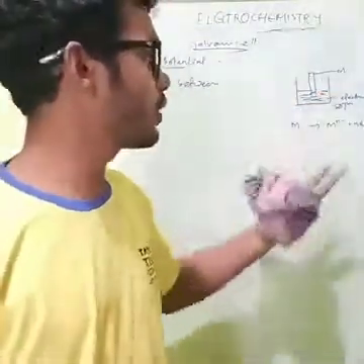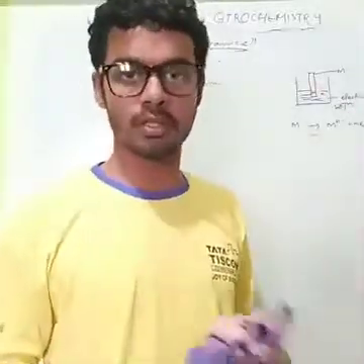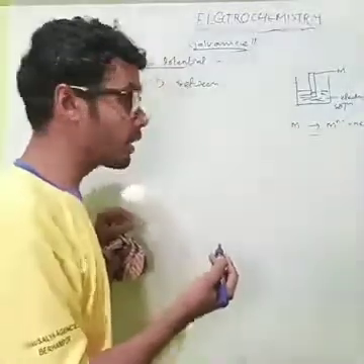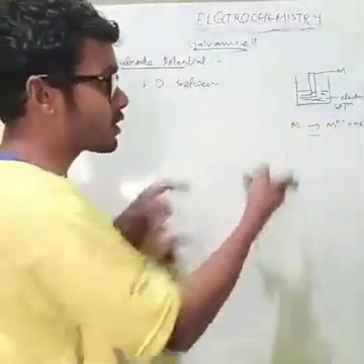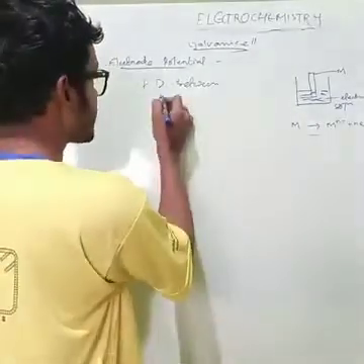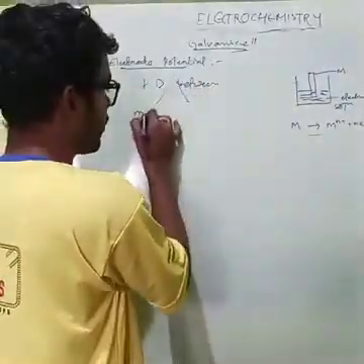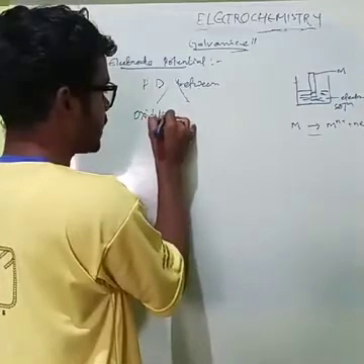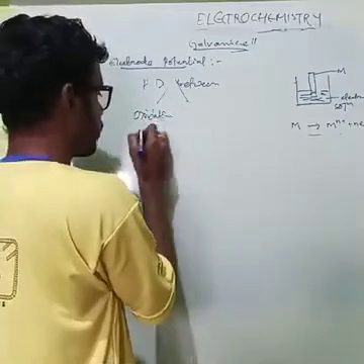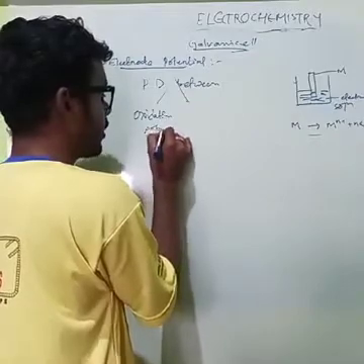Suppose this electrode is oxidized and another electrode is reduced. The potential difference in the case of an oxidation half cell is known as oxidation potential, or oxidation electrode potential.